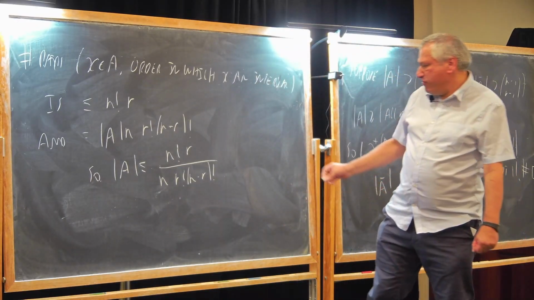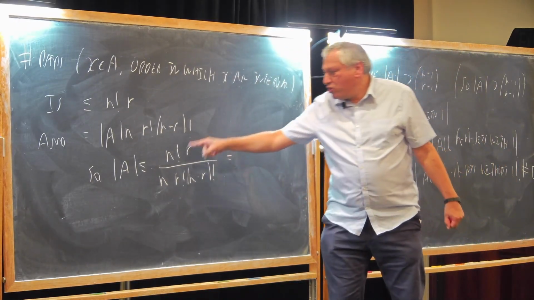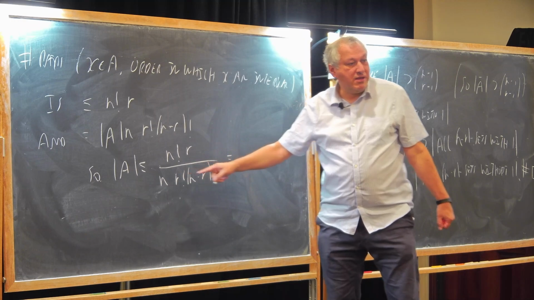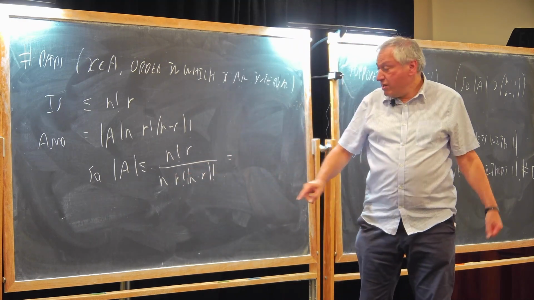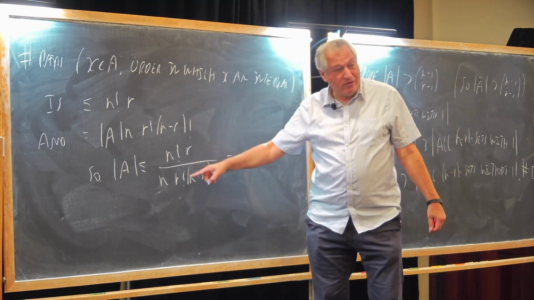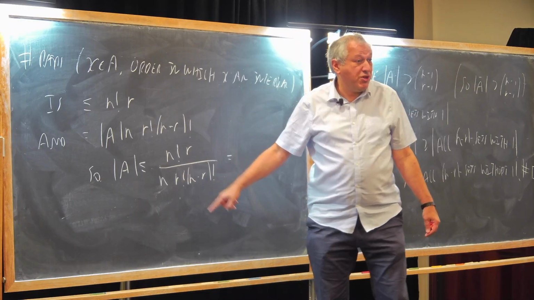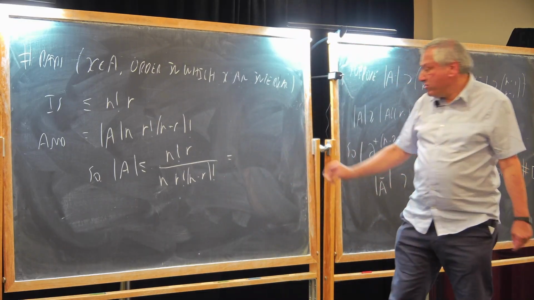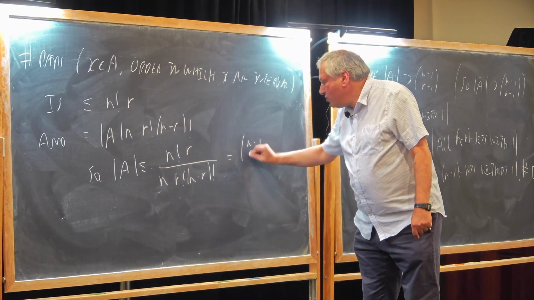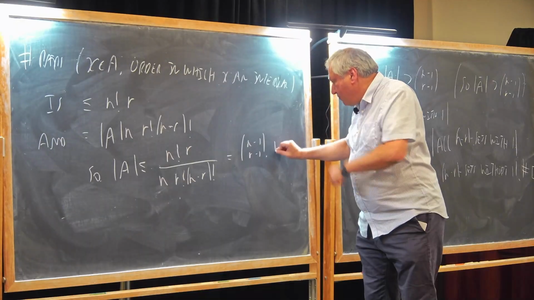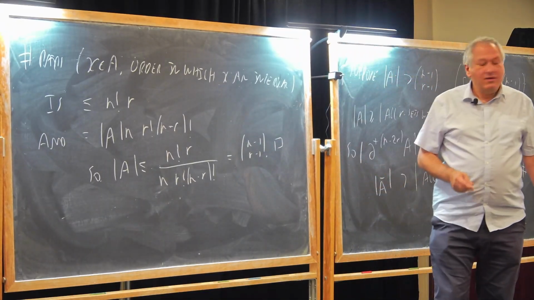And if you think about it a bit, I've got on top an n minus 1 factorial. On the bottom, I have R minus 1 factorial and n minus R factorial, and R minus 1 plus n minus R is n minus 1. So that's n minus 1 choose R minus 1.